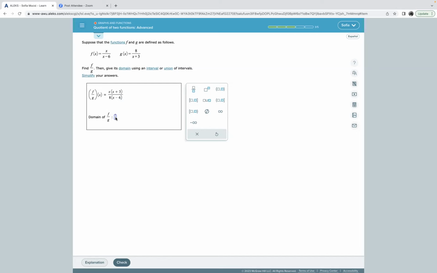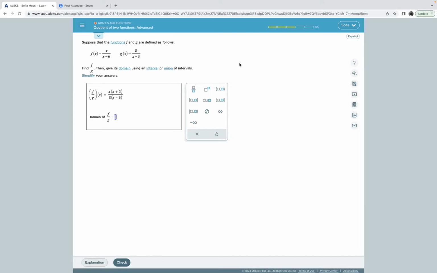And then we're looking at, are we looking at both denominators? Yeah, you look at the original first and then see if anything changed in the new one. So you're excluding -3 and 6. Yeah, and in the new one, the new bottom is 8 times x minus 6.